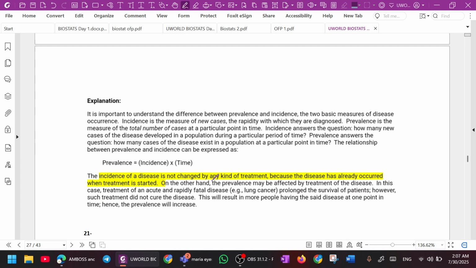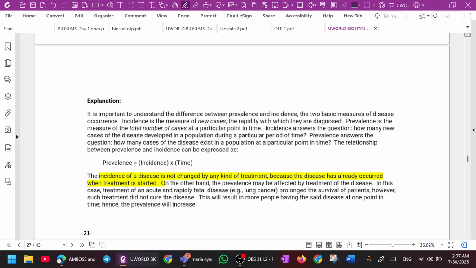It is important to understand the difference between the prevalence and the incidence, the two basic measures of the disease occurrence. Incidence is the measure of new disease, the rapidity with which they are diagnosed. Prevalence is the measure of the total number of cases at a particular point of time.